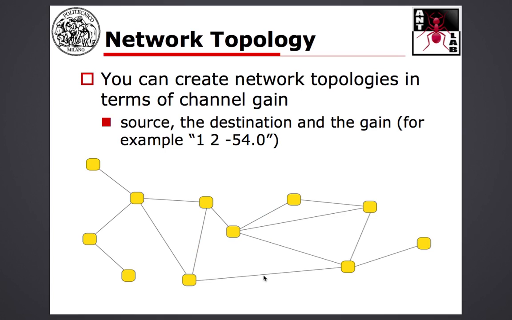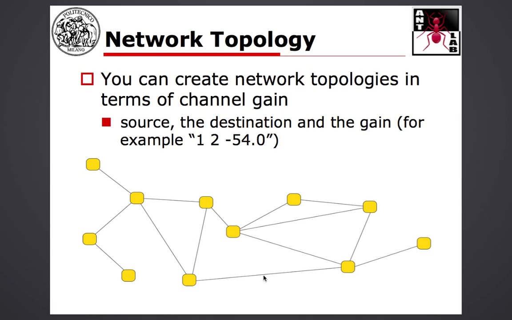So generally, well, actually I would say always, in Tossim you specify this network topology in a plain text file, okay? And you actually specify links as lines in this text file, okay?